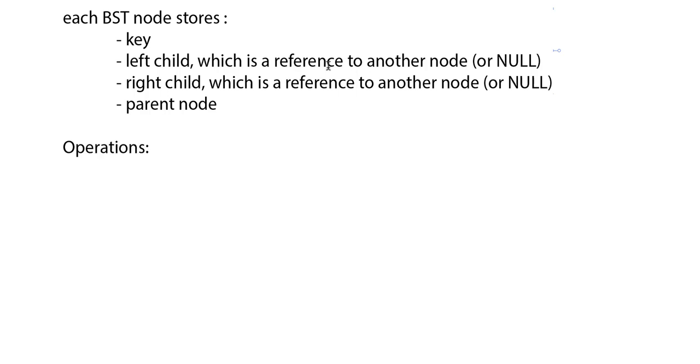So obviously we'll have to support the operations for a dictionary, because after all, this data structure is going to implement a dictionary. But in addition to that, we'll also have a couple extra operations we'll support. So first of all, let's talk about the read-only operations.